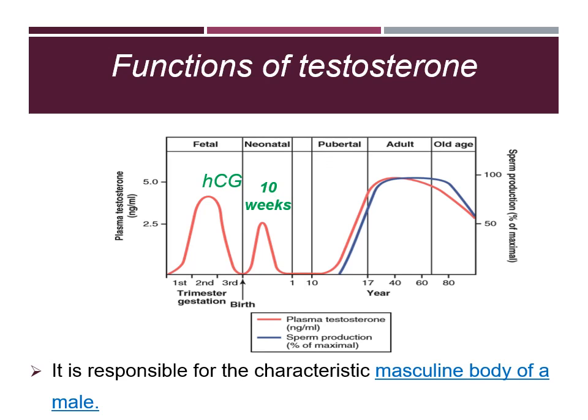As we can see from this graph, in the middle trimester of gestation there will be a peak, an increase in the plasma level of testosterone that is primarily induced by human chorionic gonadotropin hormone, which has similar effects to luteinizing hormone in secreting testosterone.